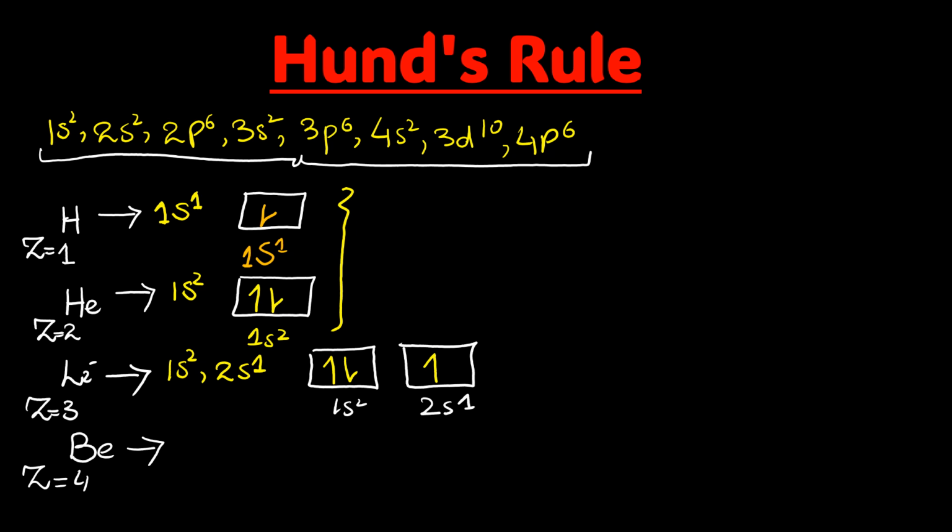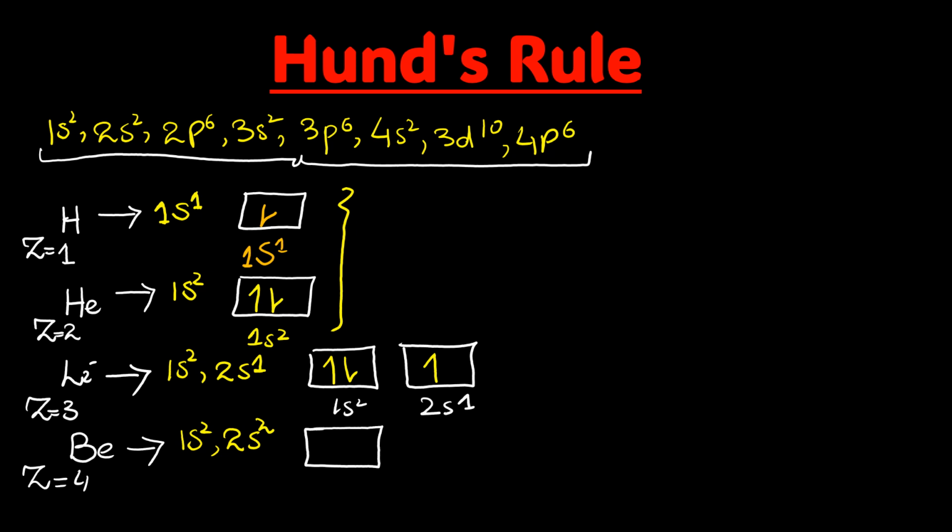So beryllium will basically first fill the 1s2 subshell with 2 electrons, and then the 2 remaining electrons in the beryllium atom will fill the 2s2 subshell. In this way 4 electrons will be completed in the beryllium atom, and we can write this by a diagram like that.